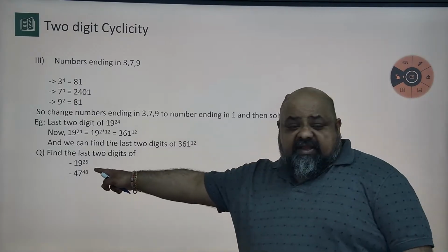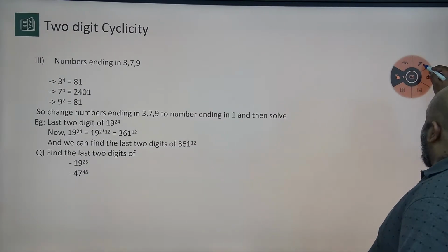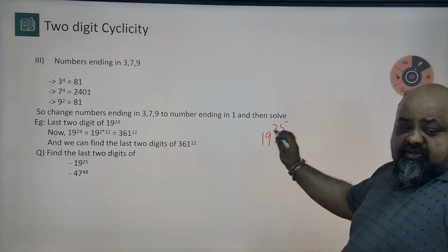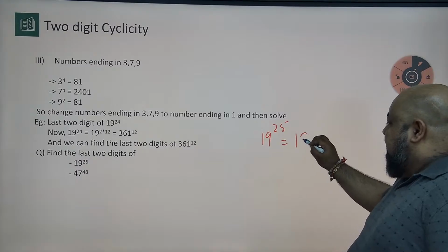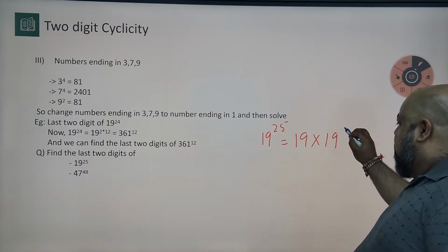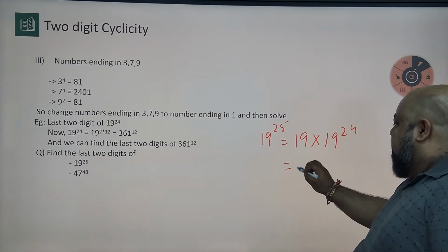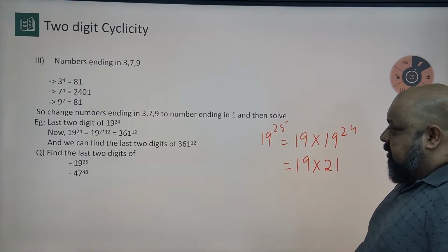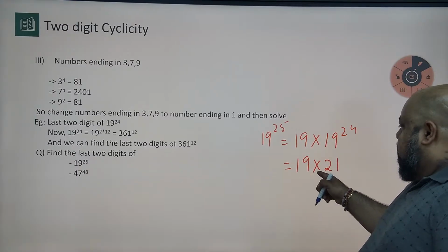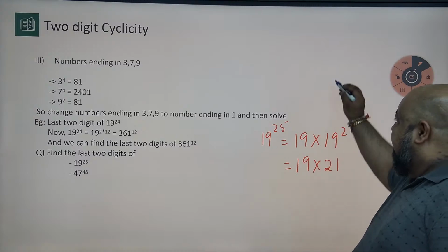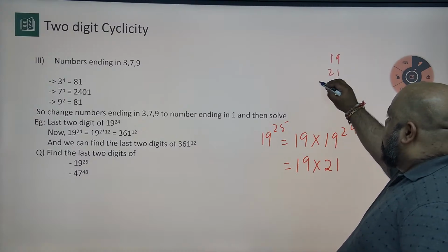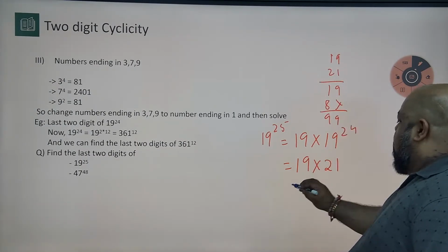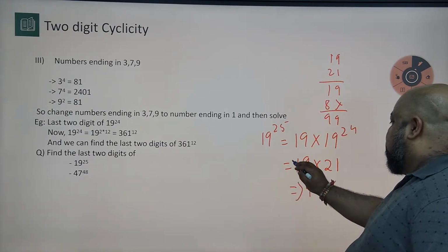See, if it were 19 raised to power 25, now I cannot take out the square from here. So I will write it as 19 into 19 raised to power 24. For this, we calculated the last two digits as 21 or something. Then I will multiply these two to get the final answer. 99 will be the last two digits.